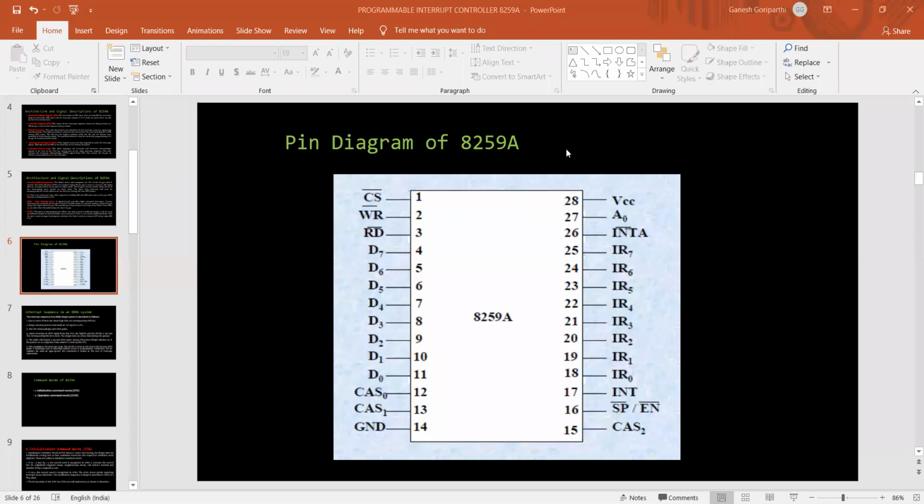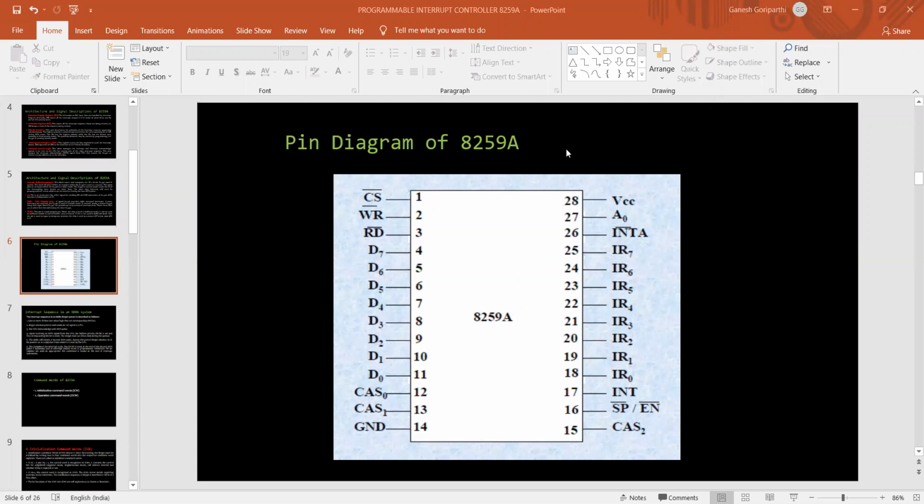We also saw the architecture of the 8259, the different blocks like the interrupt request register, priority resolver, interrupt in-service register, and interrupt mask register. We also discussed that the 8259 can be operated in cascade when we have more than 8 interrupts.